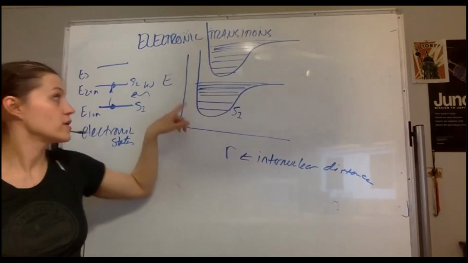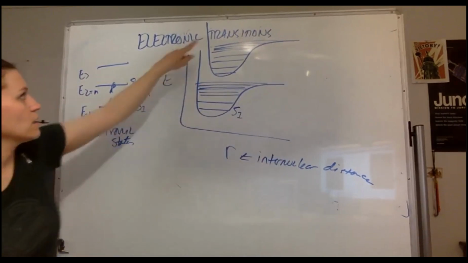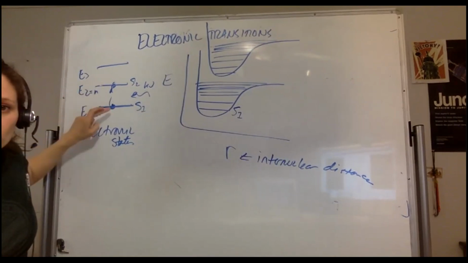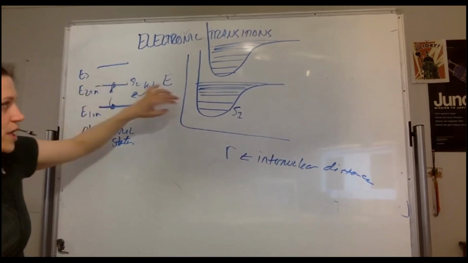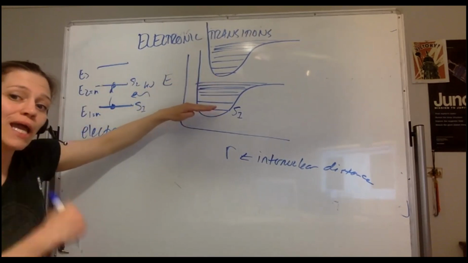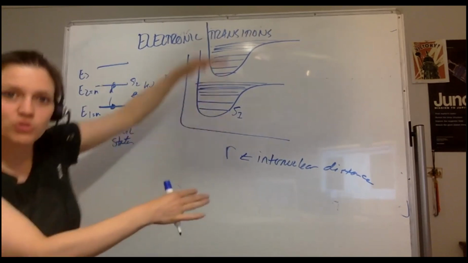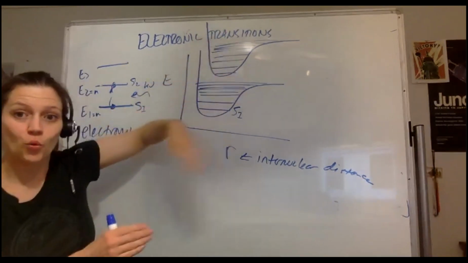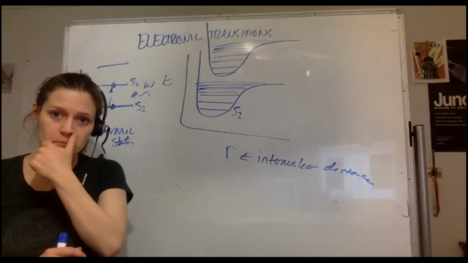So this represents that line, and this one represents that line. So if I have an electron going from this state to this state, I'm actually having it go from one of these rotational and vibrational states up to another set of either rotational or vibrational states within the electronic state.